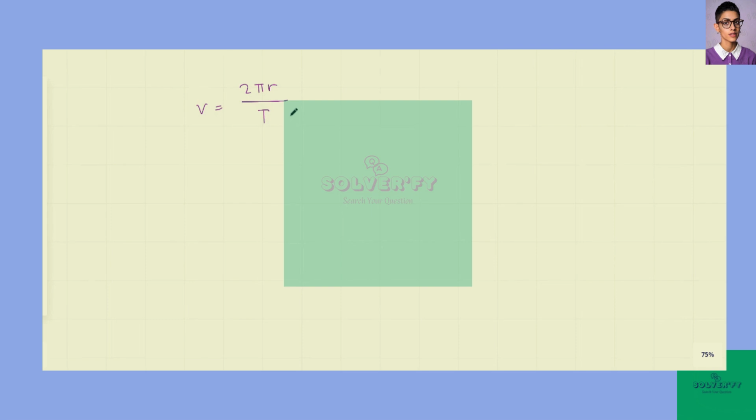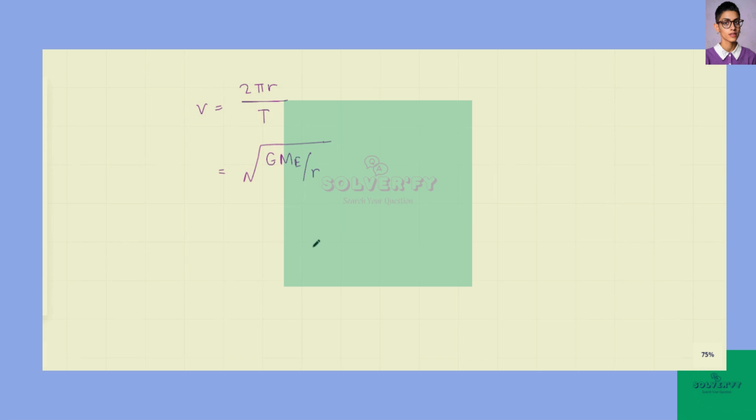But we also know that the speed can be calculated for any Earth satellite by v equals the square root of the universal gravitational constant G times the mass of the Earth, M_E, divided by the radius of the orbit, or the distance of the satellite from the center of the Earth, r.